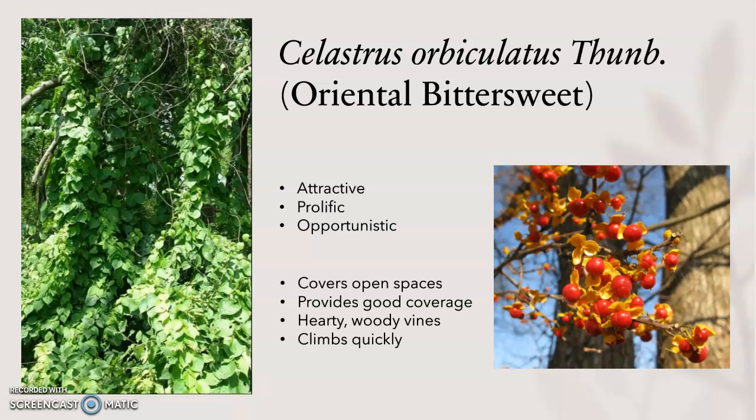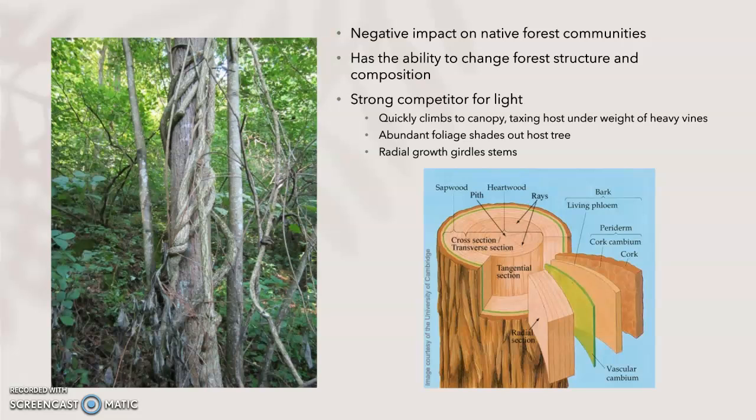Now it's located in 33 states and is known to take over tree stands and change the morphology of the forest from a temperate forest to an invasive thicket. It has a negative impact on forest communities because it girdles the trees. The lianas grow up the trees and the vines dominate the canopy.